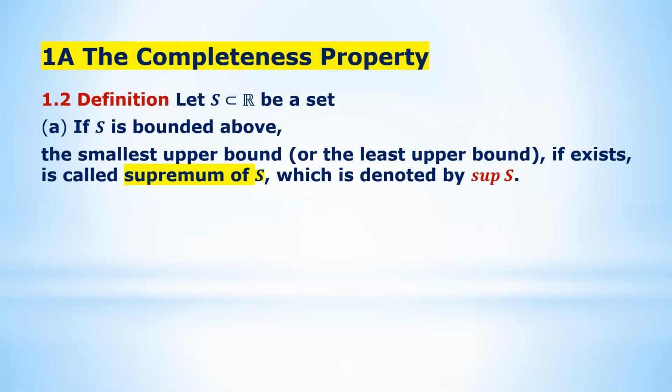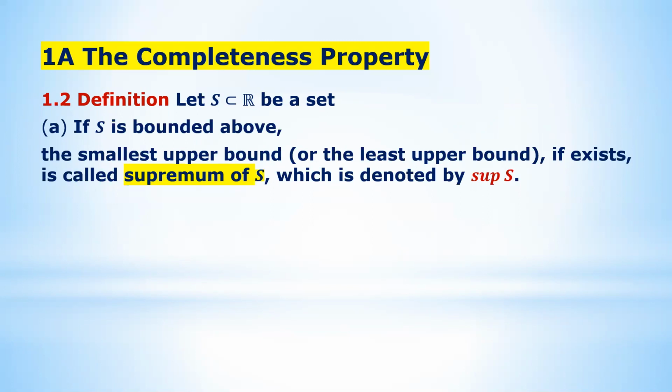When a set is bounded above, I know that the set has lots of upper bounds, no problem. But whether the set has a least upper bound, a smallest upper bound, I don't know at this time. Although from common sense such things always exist, we're not assuming that. We're not assuming that a set that is bounded above always carries a smallest upper bound.